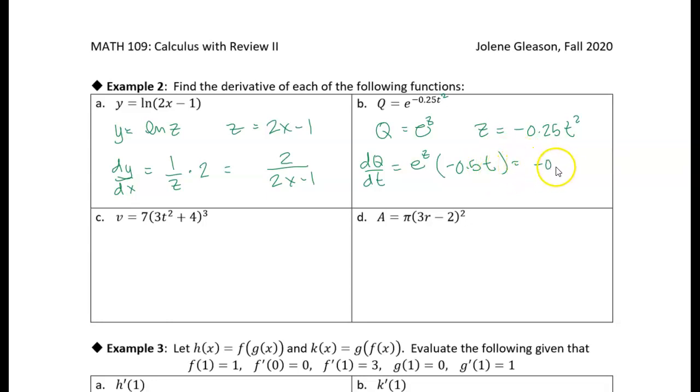It looks a little nicer if I write it as minus 0.5 t e to the, well, I do need to rewrite it because I need to replace z. I want everything in terms of t, not z. So that becomes e to the minus 0.25 t squared. Okay, so that's my derivative.